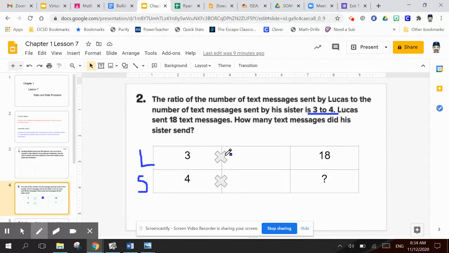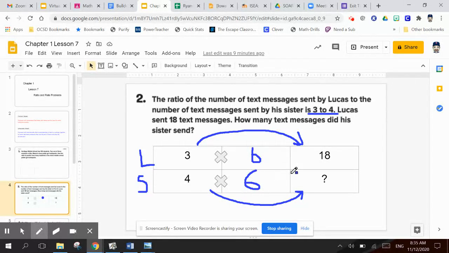So I put in a multiplication sign here because I want to know what can I multiply by 3 to get 18. Well, I know that 3 times 6 is 18. So remember in our ratio table that whatever we do to our top number, I have to do the same thing to my bottom. So I'm also going to multiply the 4 by 6.